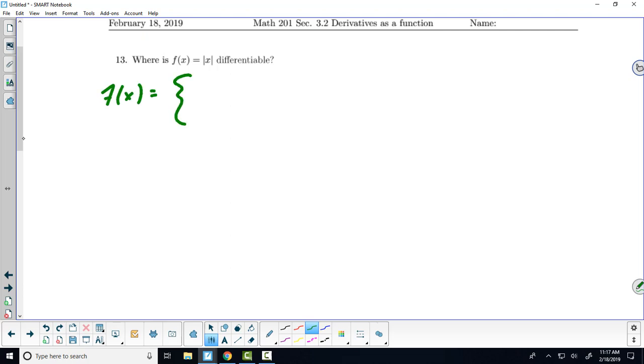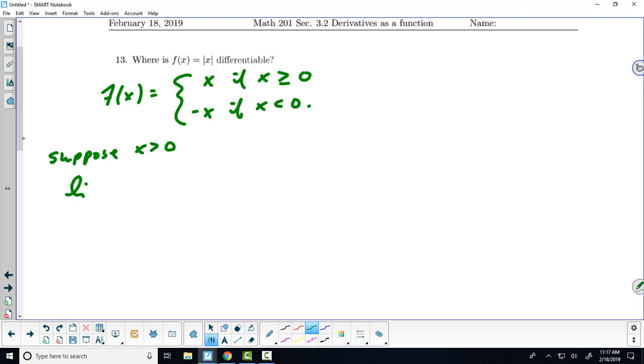It's just equal to x if x is greater than or equal to 0, and it's equal to negative x if x is less than 0. Okay. So let's suppose x is greater than 0.